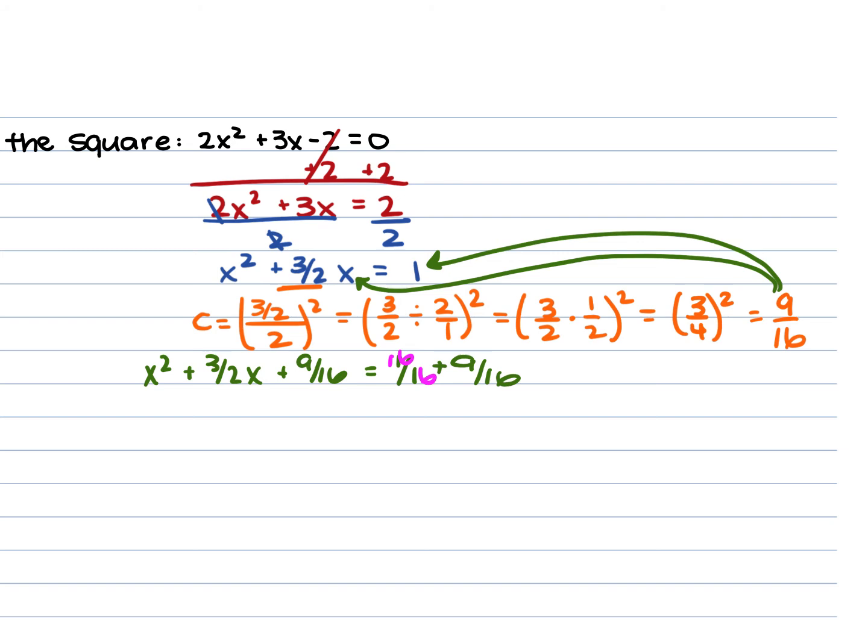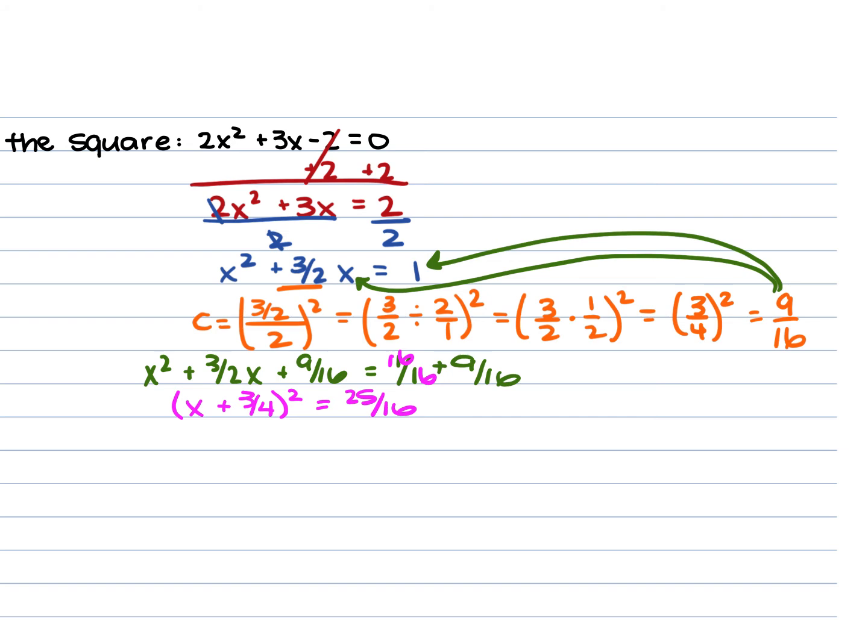So we're going to factor the left side. The number that was in the parentheses that we squared was 3/4. So this factors out to be x plus 3/4 squared. And then you have 16 plus 9, which gives us 25. Keep it over the 16.